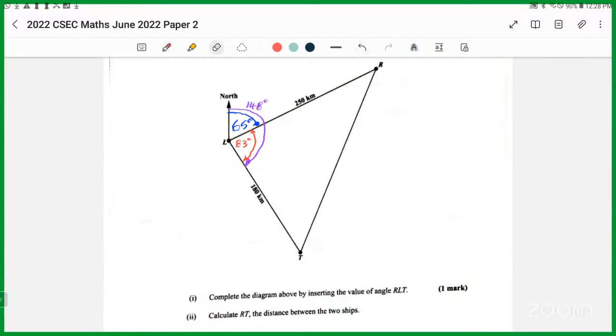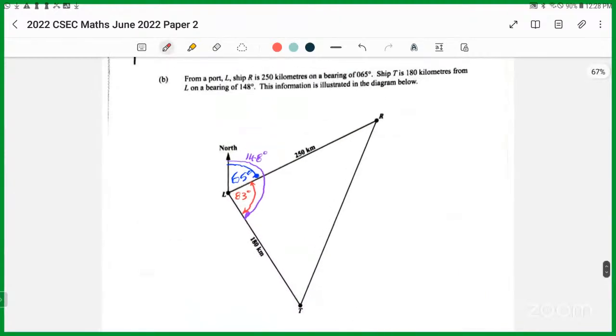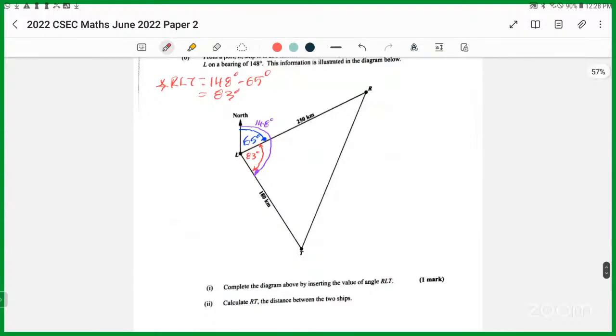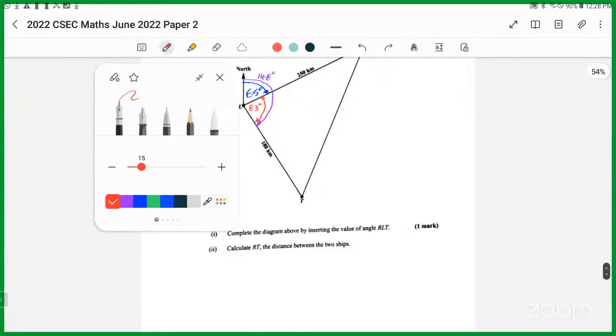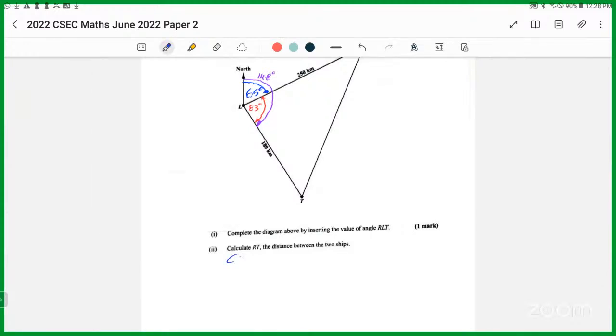Angle RLT is 148 degrees minus 65 degrees, which works out to be 83 degrees as seen on the diagram. And it says now calculate RT, the distance between the two ships. That's the cosine rule we're going to use for that. Alright, cosine rule. So let's do it.